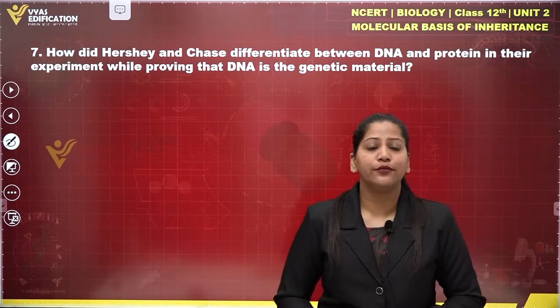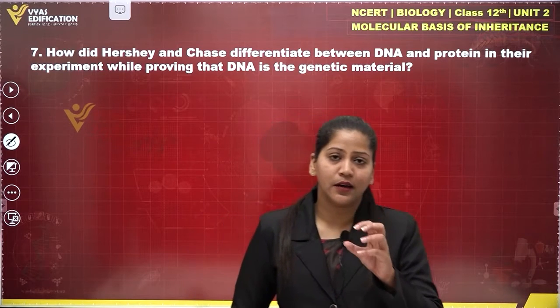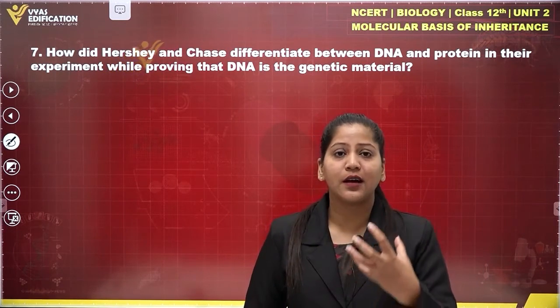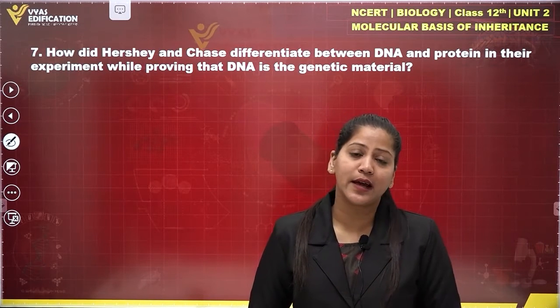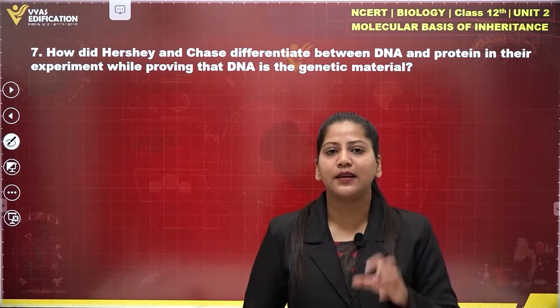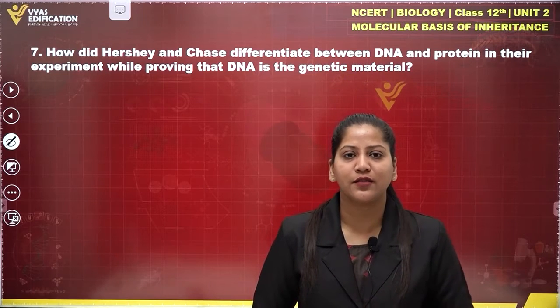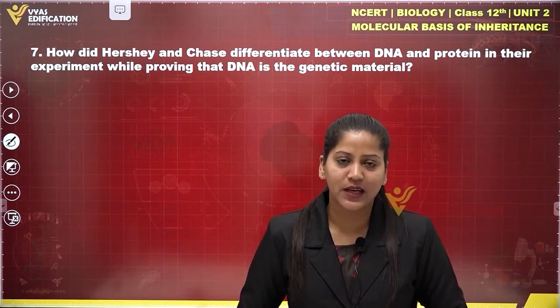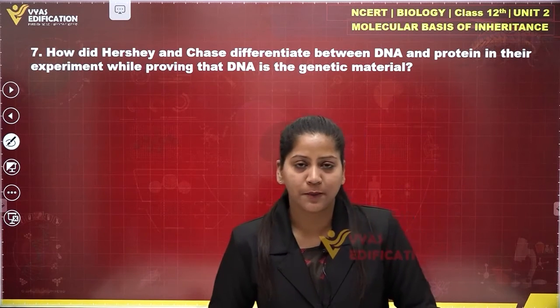Now we know that phosphorus is a constituent of nucleic acid, of DNA, and sulfur is a constituent of amino acids such as methionine and cysteine, which are among the 20 amino acids that form protein.